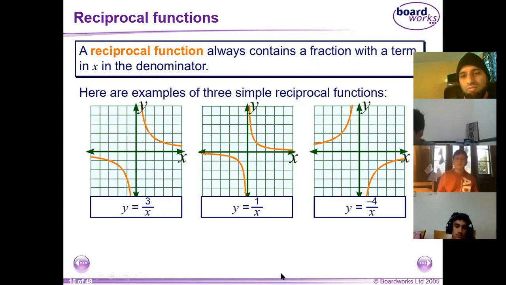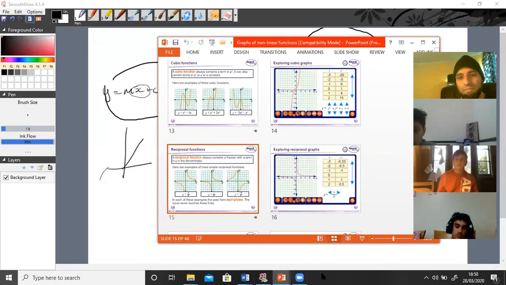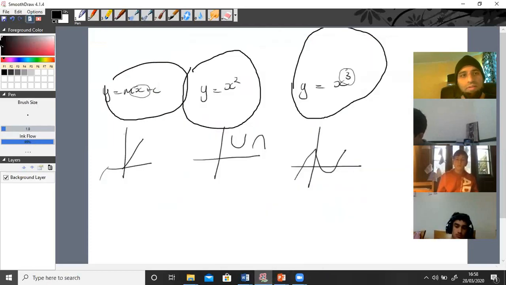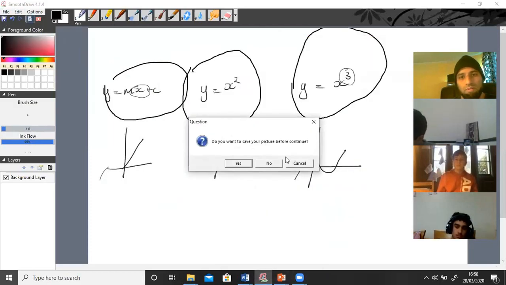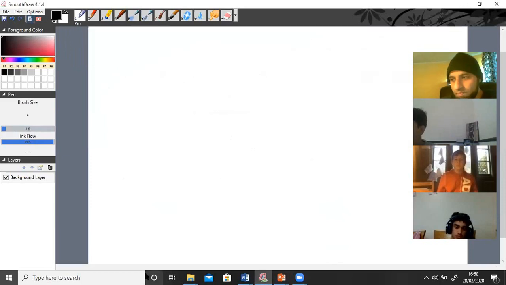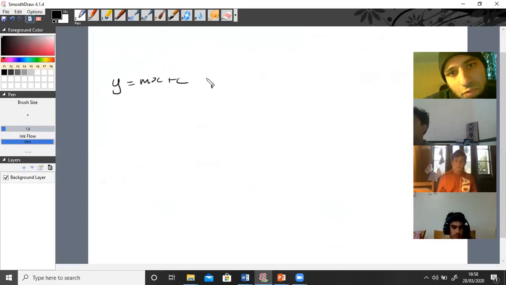Okay? Just to recap, I'll write them down a little bit again. So the 4 functions we've looked at: y equals mx plus c, that's number 1. We've looked at y equals something with x squared, that's number 2.